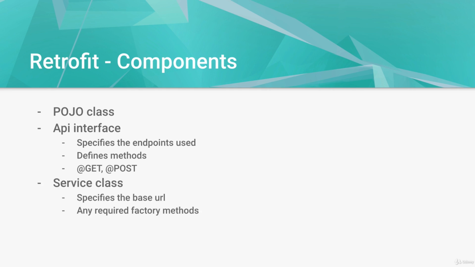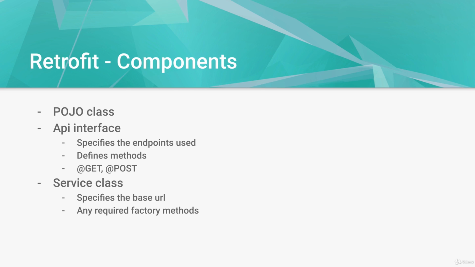And the last thing we need is something to put all these together. That is a service class, which specifies the URL, specifies how we construct our object to actually call to retrieve the data from the backend, specifies any converter methods or factory methods that will translate the data that we get from the API into our Pojo, and basically handles everything that we need.